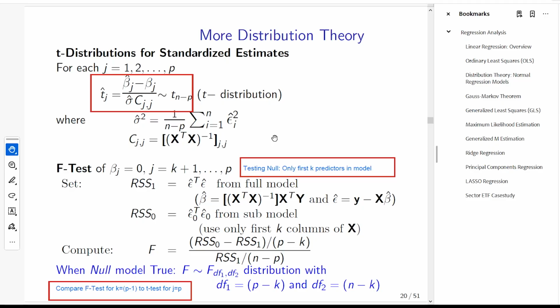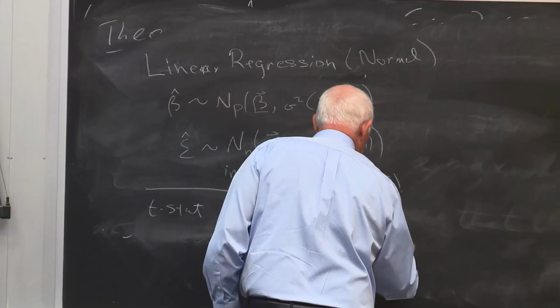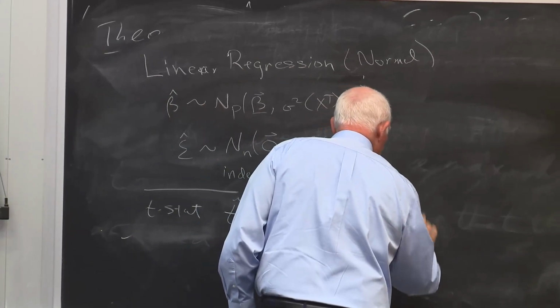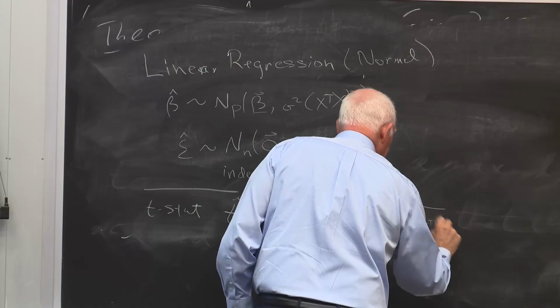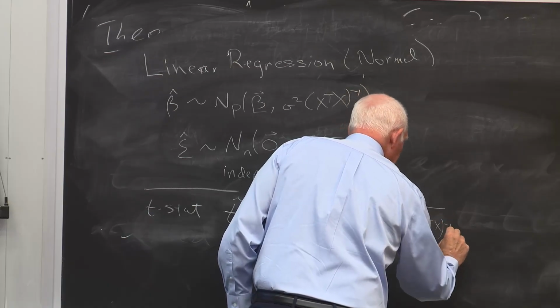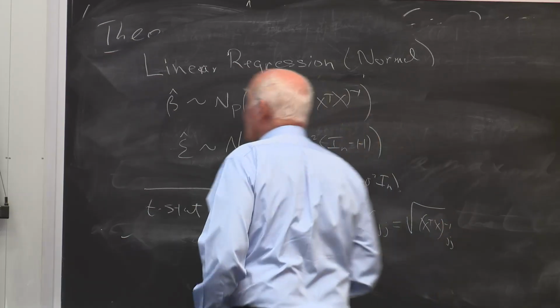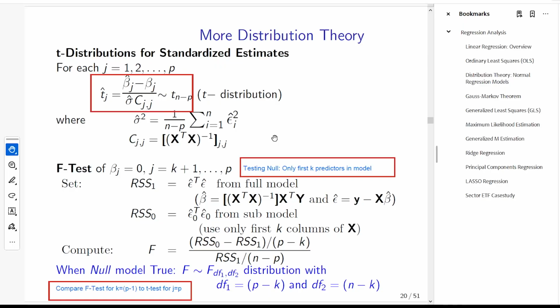And actually, this c jj should be equal to the square root of x transpose x inverse sub jj. So there's a square root missing there.